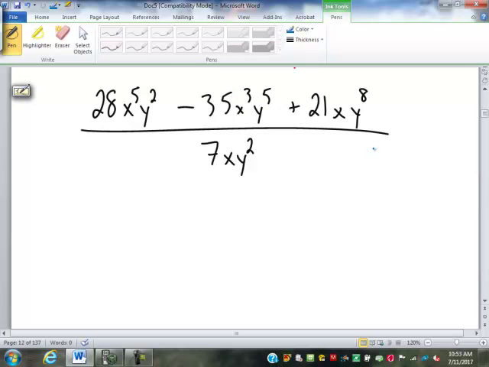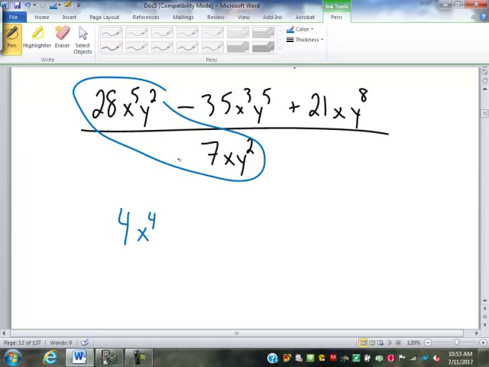So when we divide, what do we get first? 28 divided by 7 is 4x to the 4th y. Y cancels out. Y squared divided by y squared is gone. Cancels out.